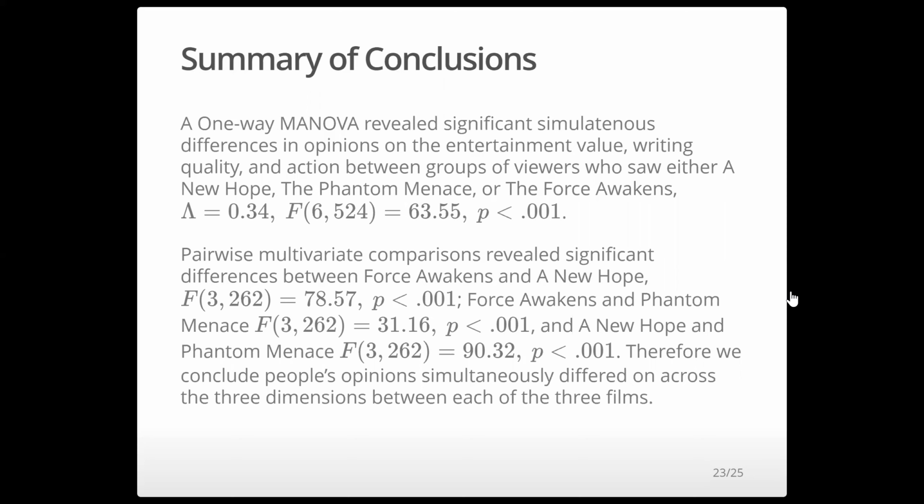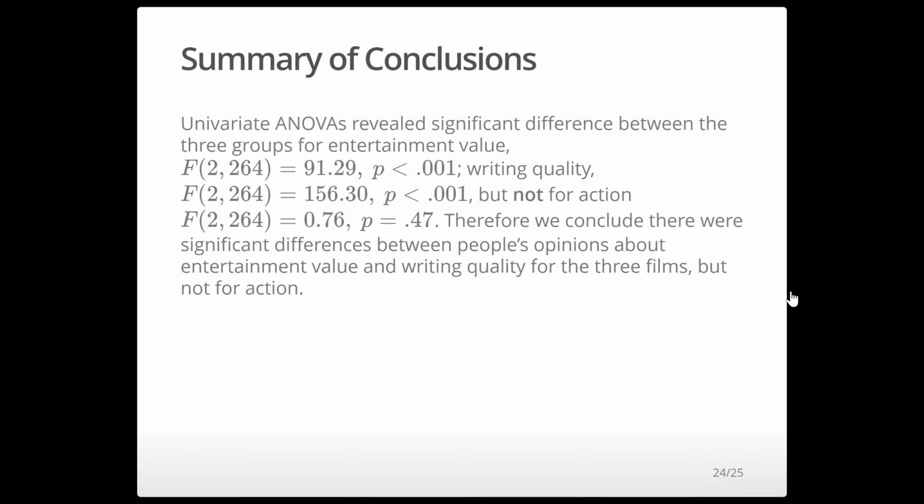These were simultaneous differences on our three variables across our three groups, and there are the statistics that we got that allowed us to conclude it. After that, we moved on to step 2A, and we found that pairwise multivariate comparisons revealed significant differences between each pair of movies. And here we again report each individual pair and the statistical conclusion that we reached.